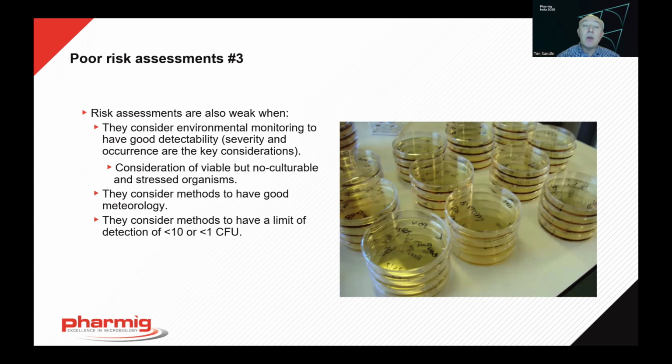And even for organisms that would normally grow under one set of circumstances, they can undergo physiological changes which impact their metabolic state, which prevents them growing when they are under undue stress. So we call these viable but non-culturable, or active but non-culturable organisms.